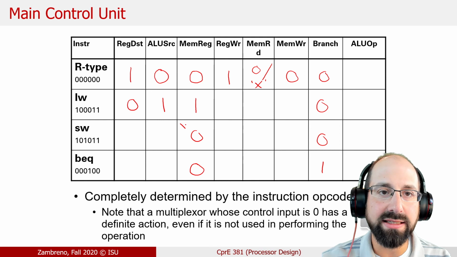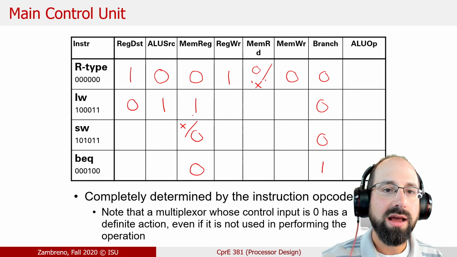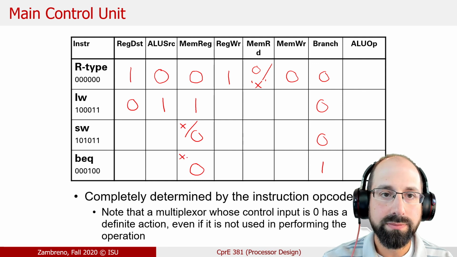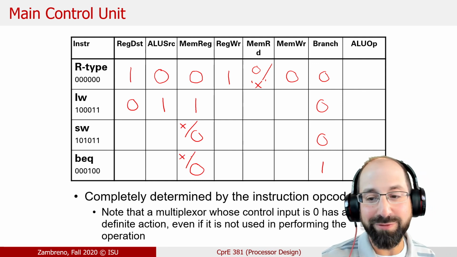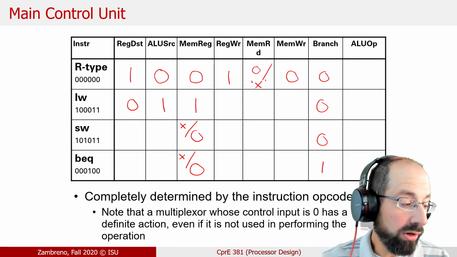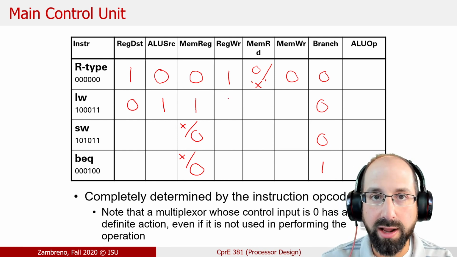We could talk about whether that's a 0 or a don't care for store word. If we're not writing back to the register file at all, we don't really care what the value of that mux is. Because load word, while it does write back to the register file, store word doesn't, and branch certainly doesn't.